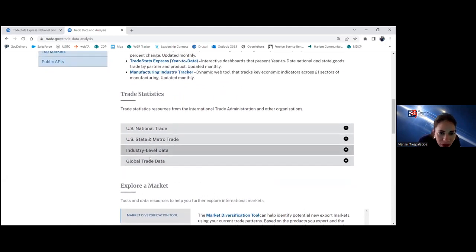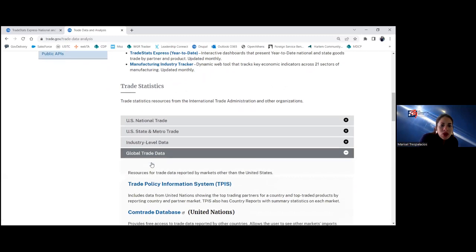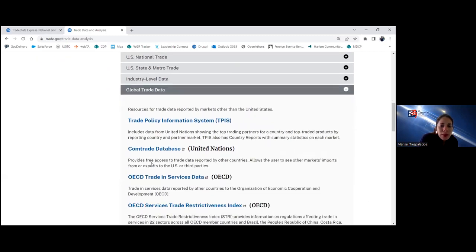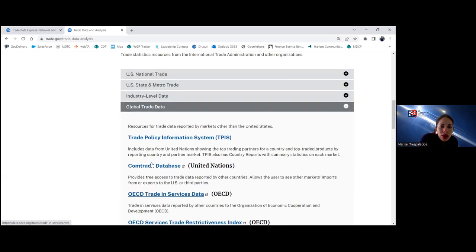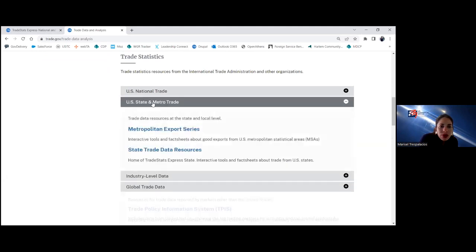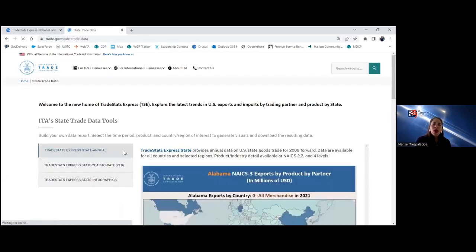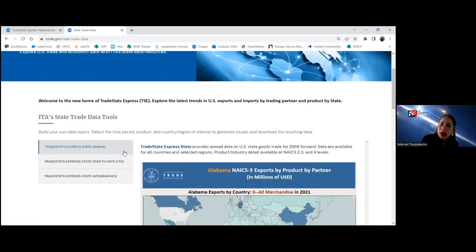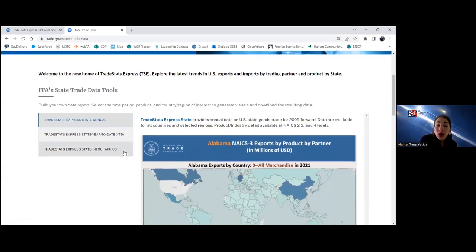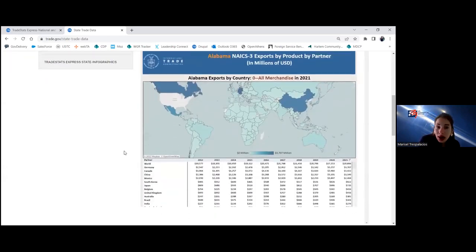But for example, let's see global trade data. I don't think this is what I wanted to show you, but give me a second. State trade data resources. If we go in here, for example, I was curious to see how the current conflict in Europe might affect New York trade-wise.